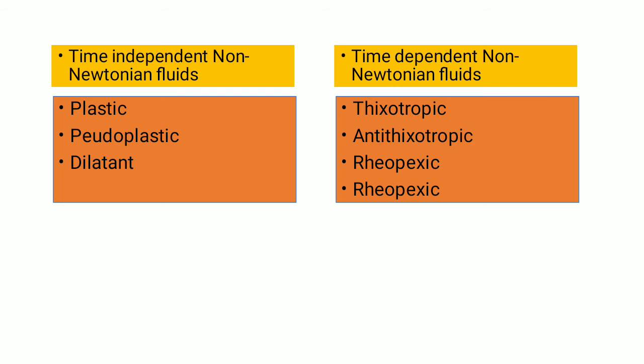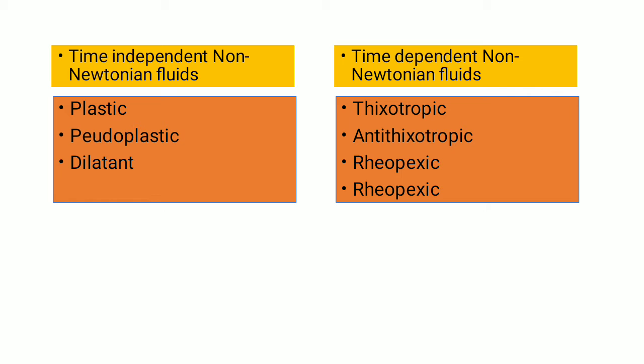Now, if we classify non-Newtonian liquids, because Newtonian will have a similar kind of viscosity which is not dependent on the shear rate, with respect to temperature its viscosity may change or may not change in case of non-Newtonian liquids.